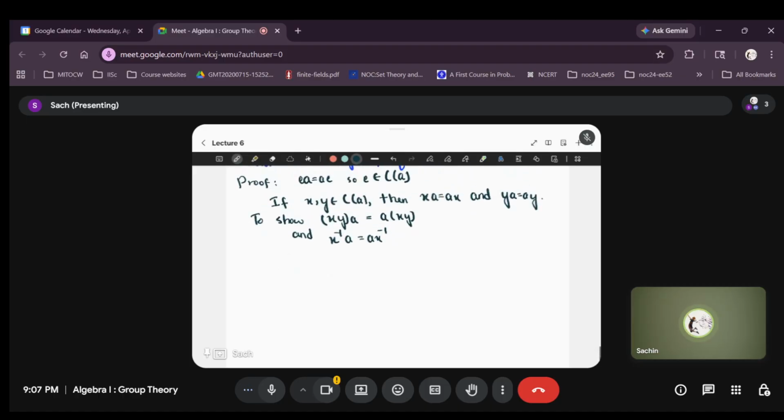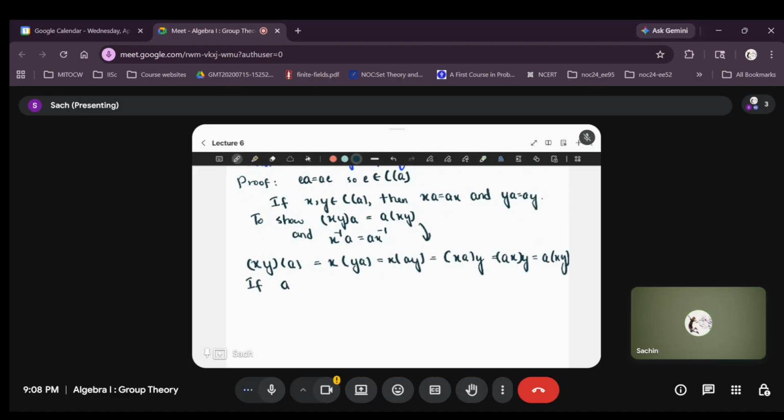That is, if X and Y commute with A separately, then their product XY commutes with A and the inverse of X commutes with A. This is simple because XY times A is X times YA, which is X times AY, is XA times Y, is A times X times Y, is A times XY. So that's the first condition.